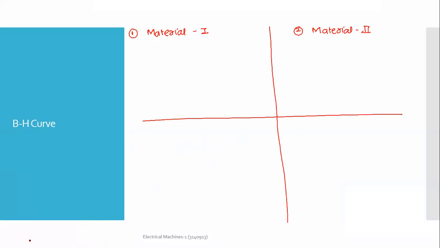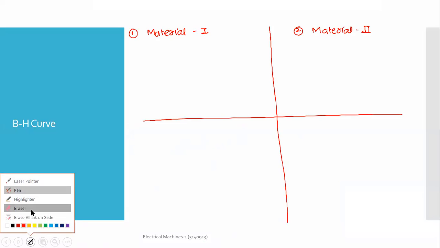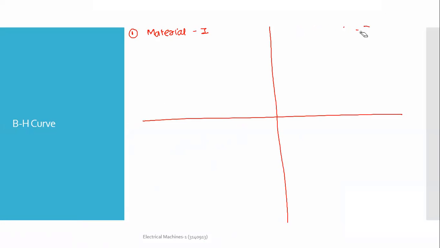Let me represent it with a different color, material 2. So material 1 has a magnetizing characteristic like this, or a hysteresis characteristic like this.